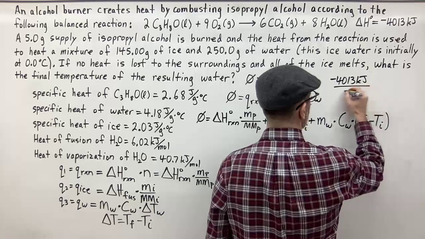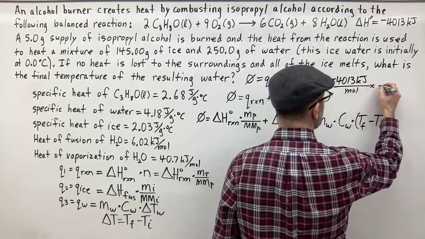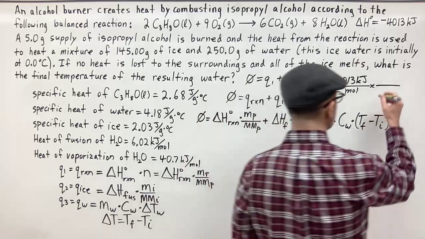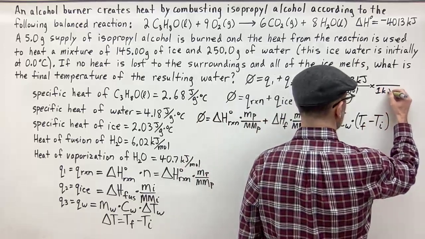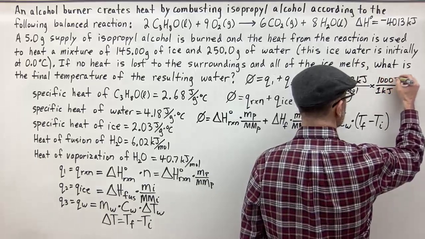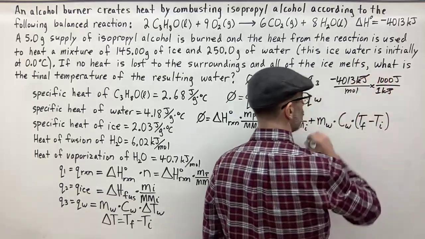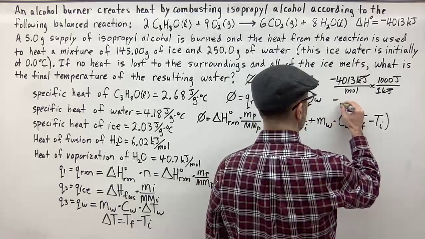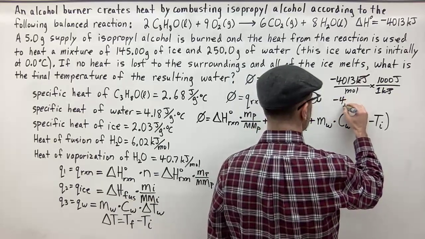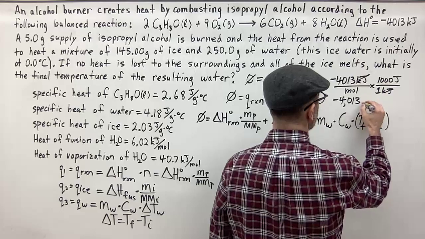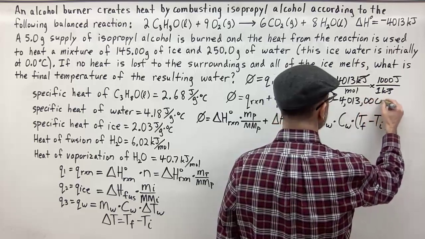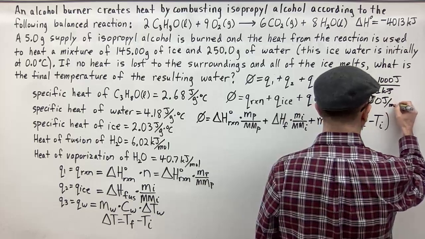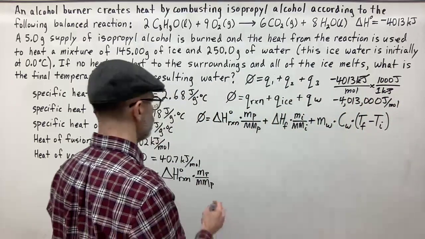That's going to be per mole. 1 kilojoule is 1,000 joules, so I'm going to put 1 kilojoule on the bottom, 1,000 joules on top. Kilojoules cancel out. So this ends up being a large number, negative 4,013,000 joules per mole.